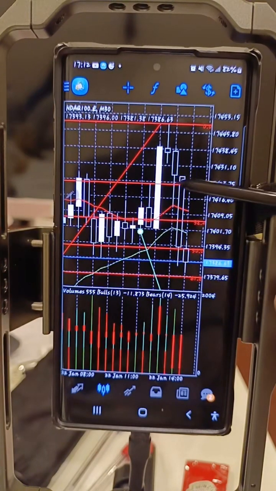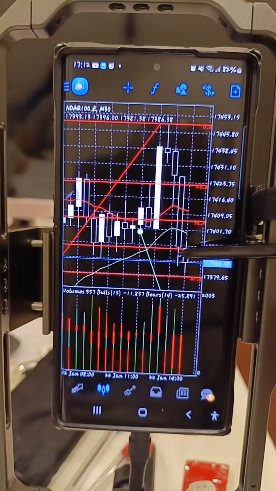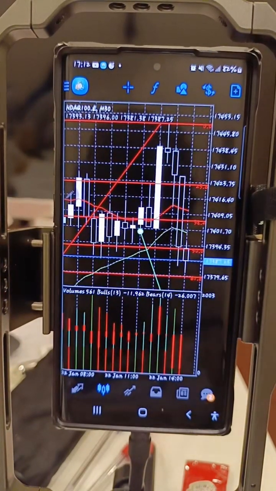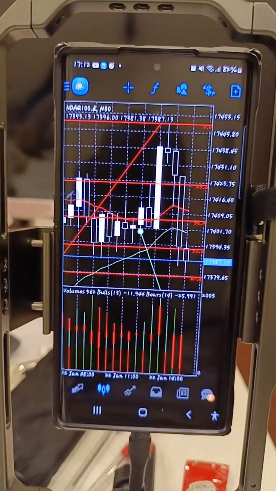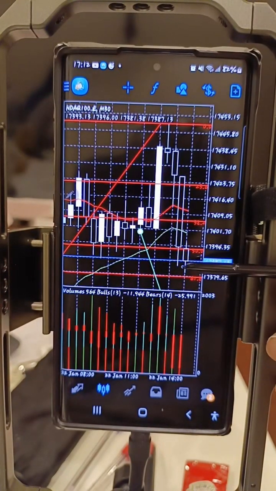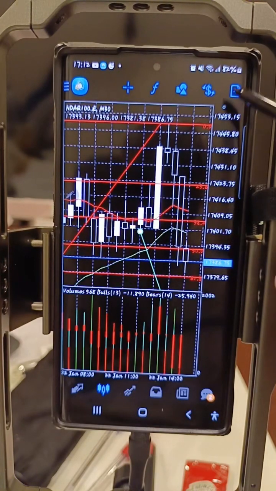This is a nice clear-cut pullback. And clearly you can see we're going down to the 66.